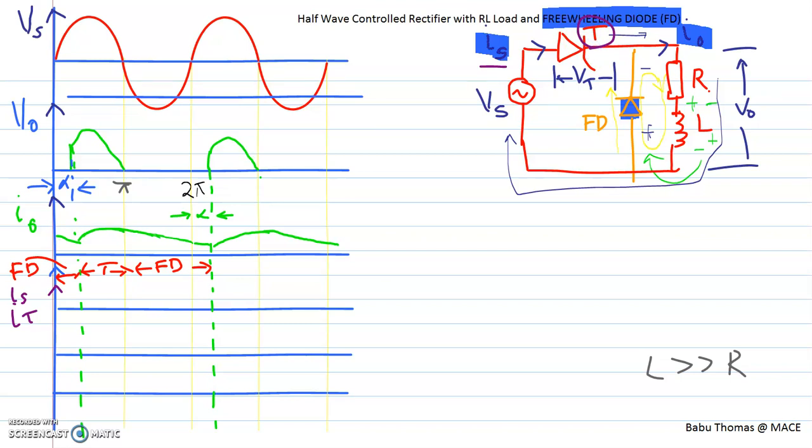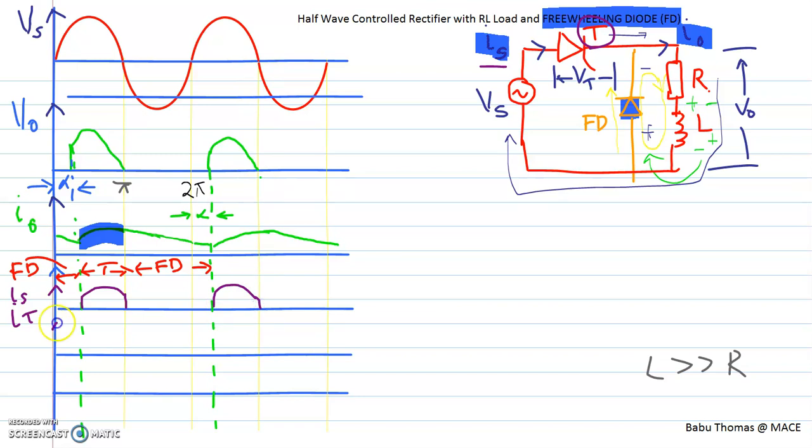Whatever waveform is plotted over here, this portion will be the replica of your source current or your thyristor current. So I can plot the thyristor current in the same waveform as your I naught from alpha to pi. That will again continue during the next period from 2 pi plus alpha to 3 pi. So that is for the IS and IT.